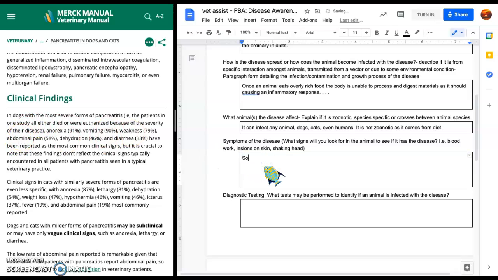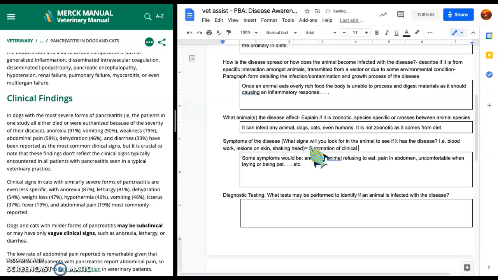So some symptoms would be anorexia and refusing to eat, pain in the abdomen, uncomfortable when weighing and being cut, okay, etc. So again, I am just summing up my clinical findings.